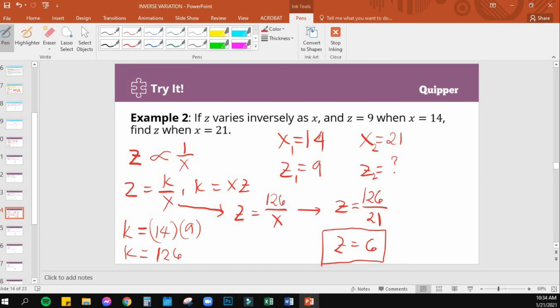From 9, naging 6. So, bumaba ba siya? So, bumaba naman. So, meaning to say, it is an inverse variation. So, bumaba siya. Okay, kasi tumaas yung x natin, siyempre, bababa yung z natin. Tama? So, ganun ang concept ng inverse variation. One variable increases, the other variable decreases, or vice versa.